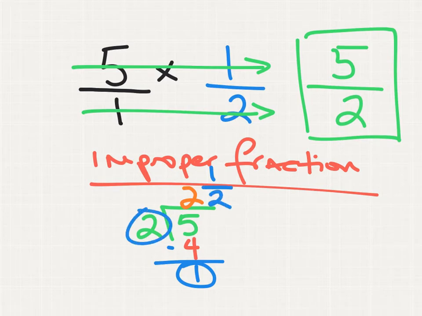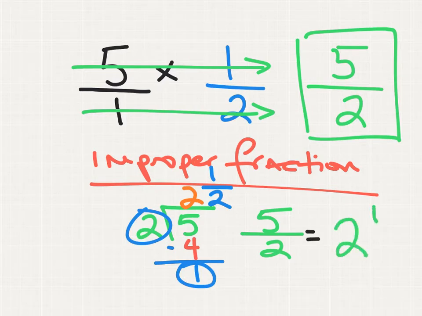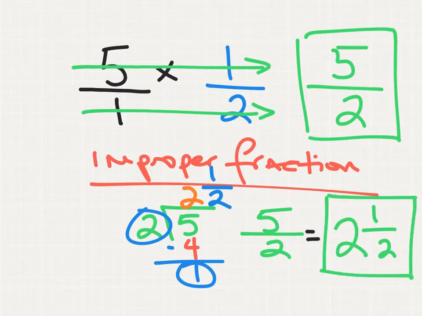So 5 halves can be renamed to 2 and 1/2. 2 wholes and 1/2 equals 5 halves. My renamed product is 2 and 1/2.